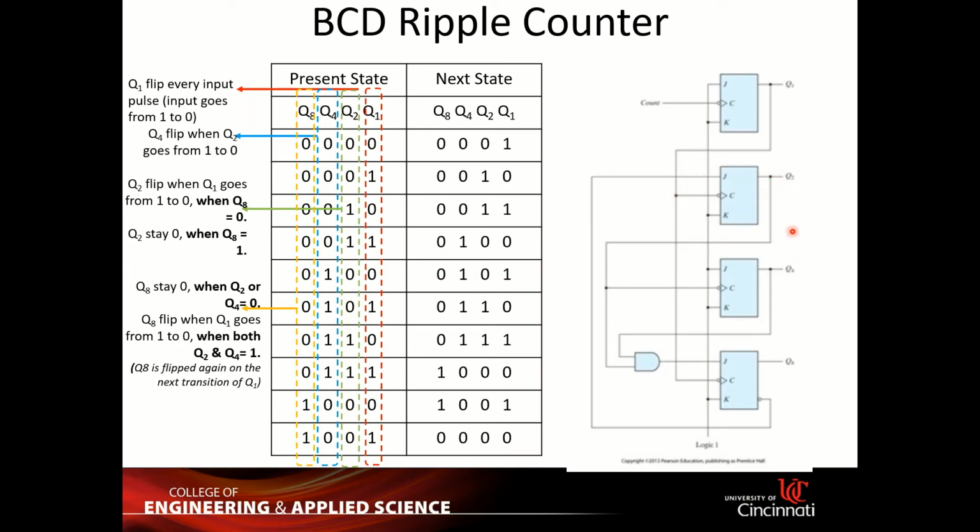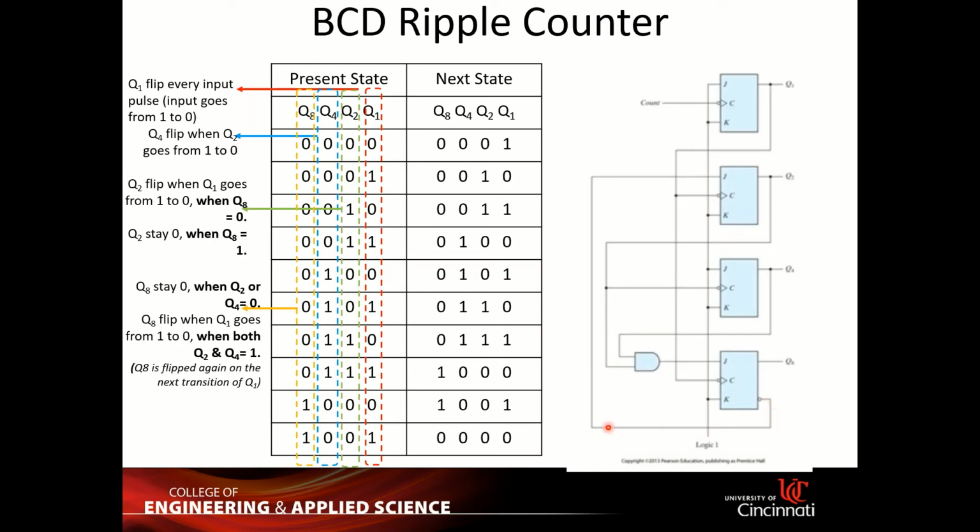So let's start with Q2 first because it's simpler. What does it say here? The text here says when Q8 equals 0 or when Q8 equals 1. So when Q8 equals 0, you want both J and K equal to 1, right? You know that K is always 1. So now when Q8 equals 0, you can probe the complement output of Q8, which is Q8 not. Q8 not, when Q8 equals 0, is 1, right?